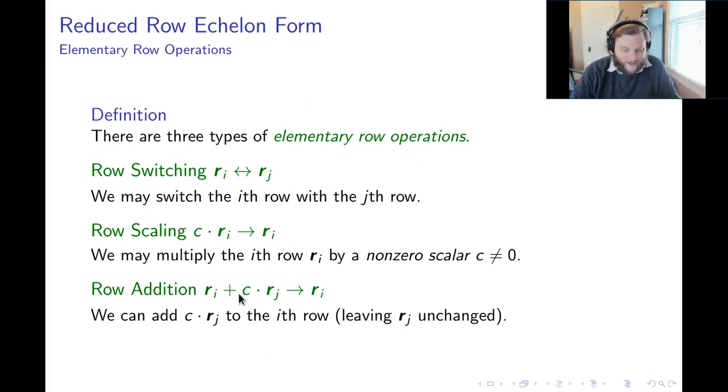So the notation says we can take vector r sub i, add c times vector r sub j, and send that to the new ith row. So the new ith row is the old ith row plus c times the old jth row, and the jth row is not changed by the procedure.